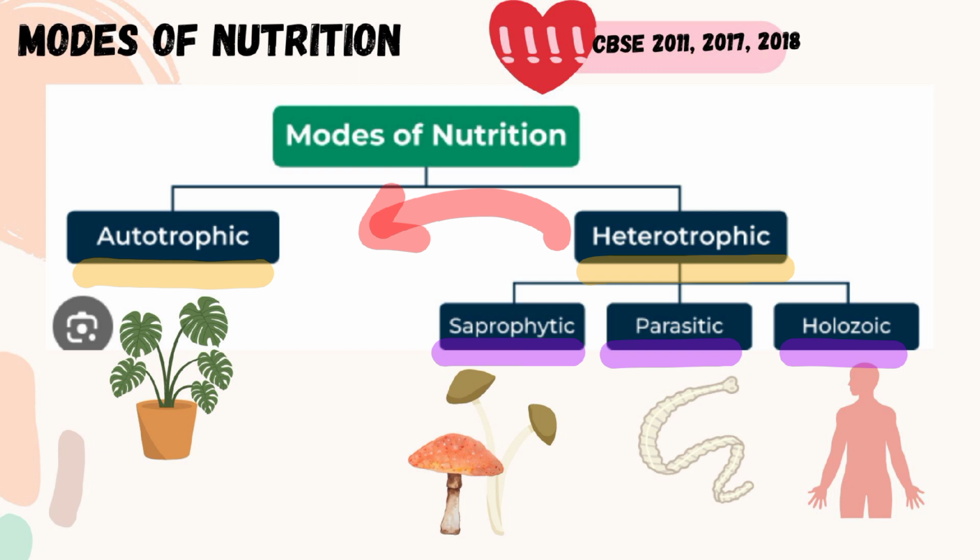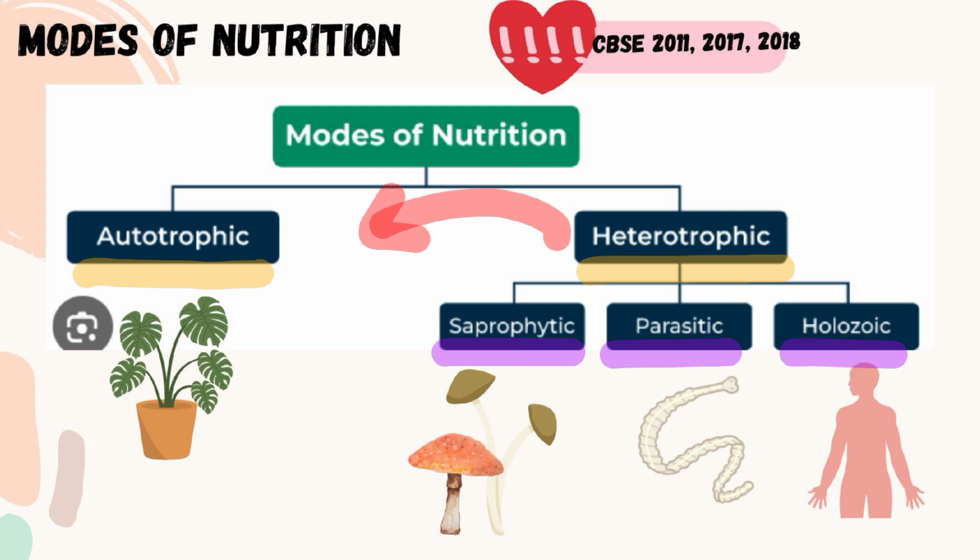Parasites are organisms which live inside or outside the host but continue deriving their nutrients from the host. What is a host? A host is an organism from which the parasite derives its energy.